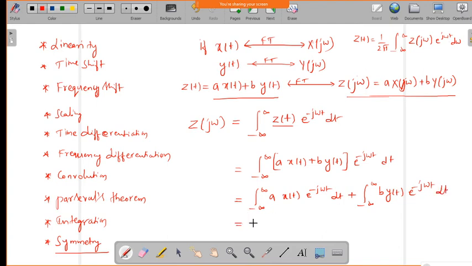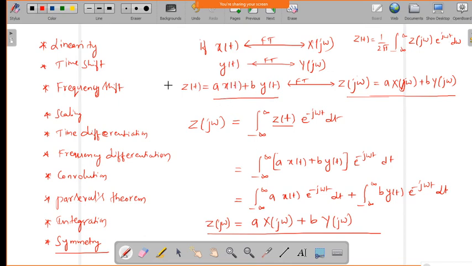So now we can write this as a into, taking the constant outside, the integral from minus infinity to plus infinity of x of t into e power minus j omega t into dt, which we can write as x of j omega, plus, taking b outside, this is y of j omega. So this is your Fourier transform of the time domain signal, which is the addition of these two time domain signals with the corresponding scaling factors a and b. Okay, so this is about the linearity property.